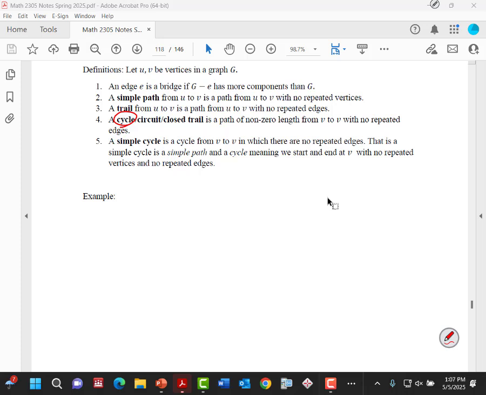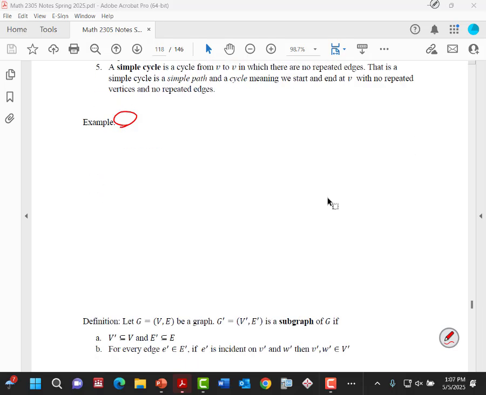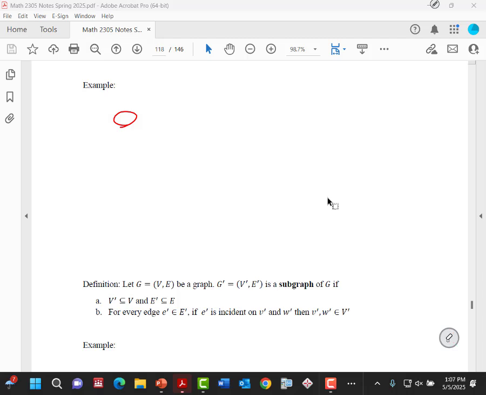So let's take a look at an example. Let's say I have a graph that looks like this.